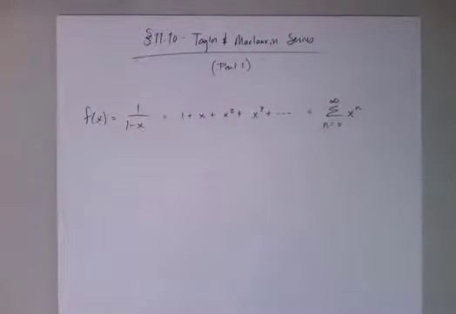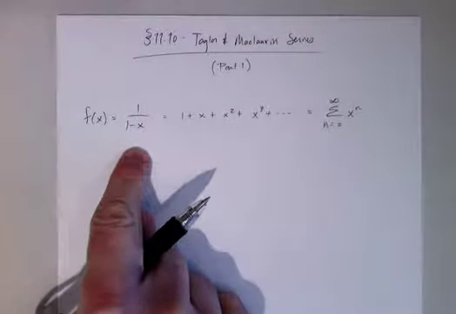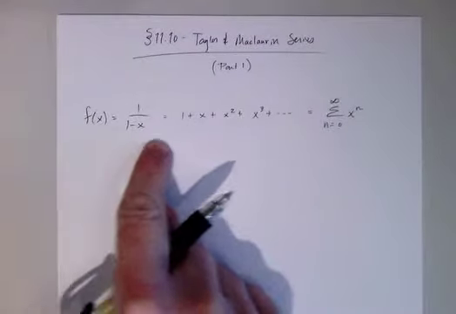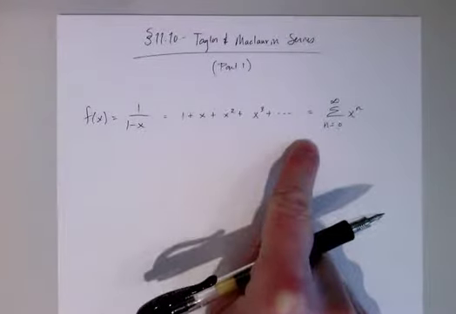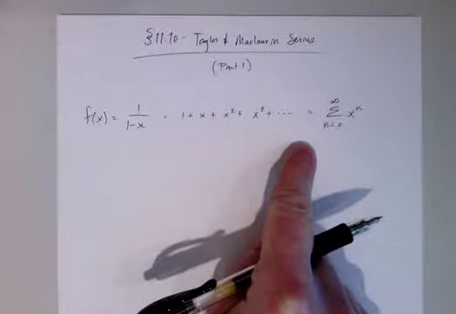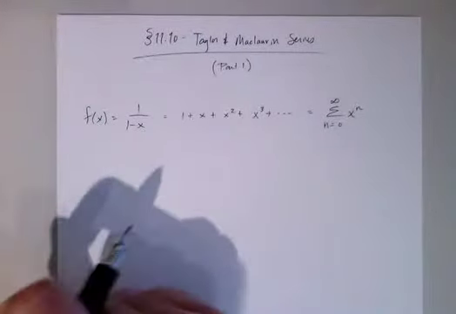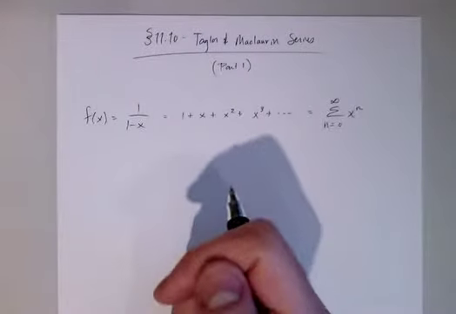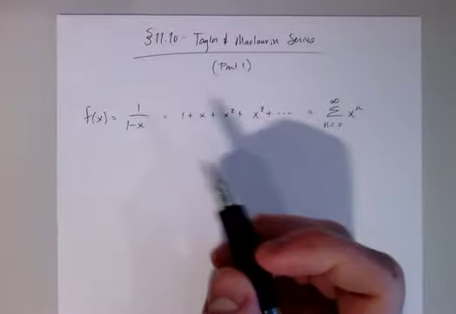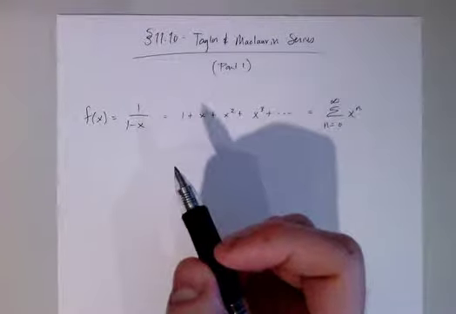And then we took those and we found other ones by manipulating it. But here's the thing, we don't have to use this particular function and this power series as a jumping off point for everything. There is actually a more general form, and it comes to us by way of derivatives.